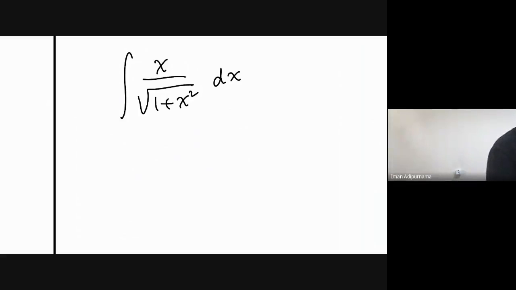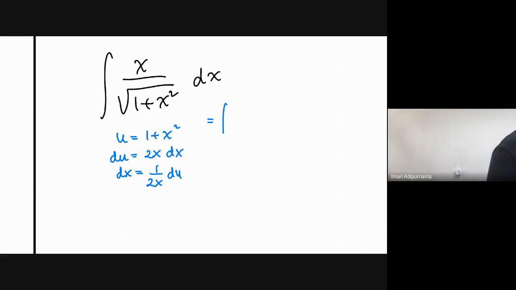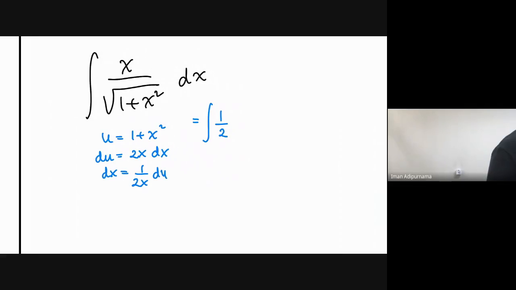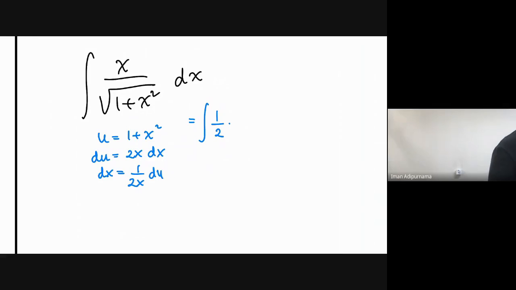Let me write the u-substitution. It will be 1 over 2, and then it becomes u to the negative half du. Then you can directly find the integration. Easy, right?